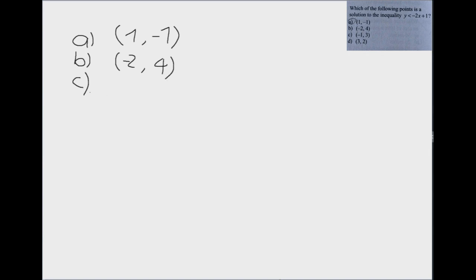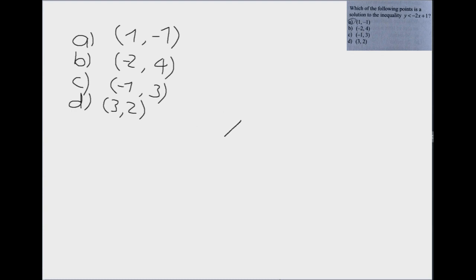We have C, -1 and 3. And we have D, 3 and 2. Wow, this got really tilted, huh? So, this is kind of a task where you have to try out the different possibilities.